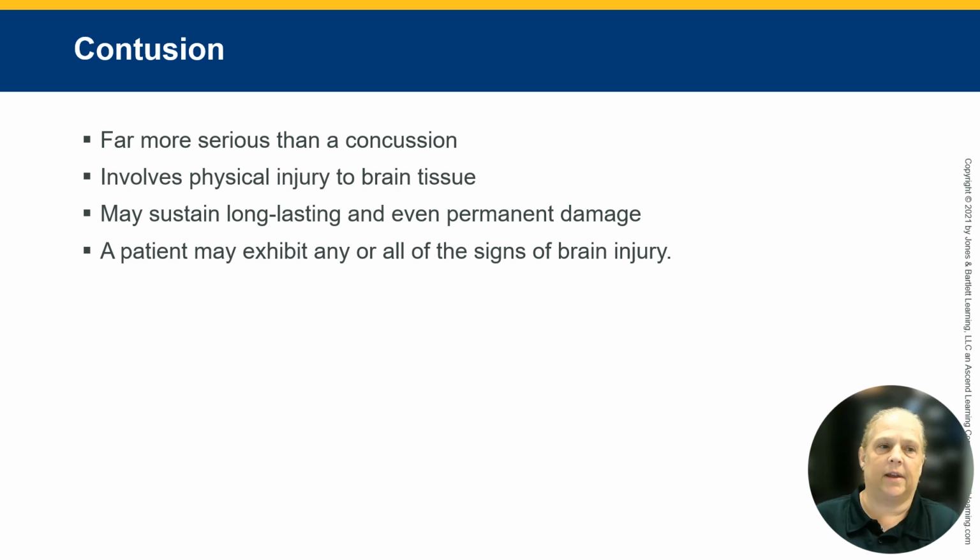When we're talking about a contusion, that is more serious than a concussion because it's actually an injury to the brain. These patients can have longer lasting or possibly permanent damage. They may have all or any of the signs of, my apologies, of a brain injury.